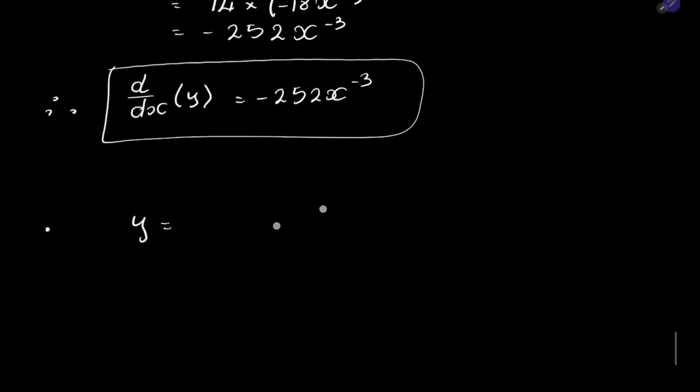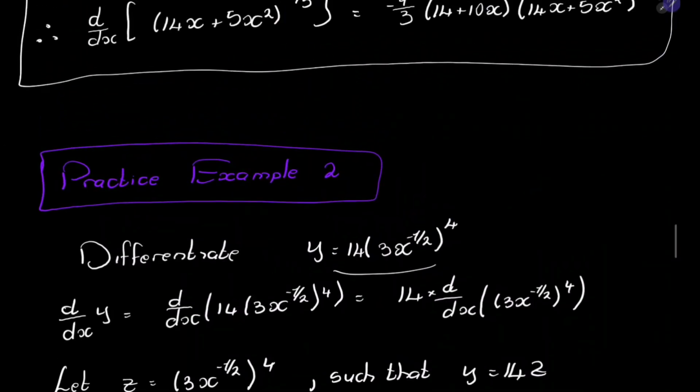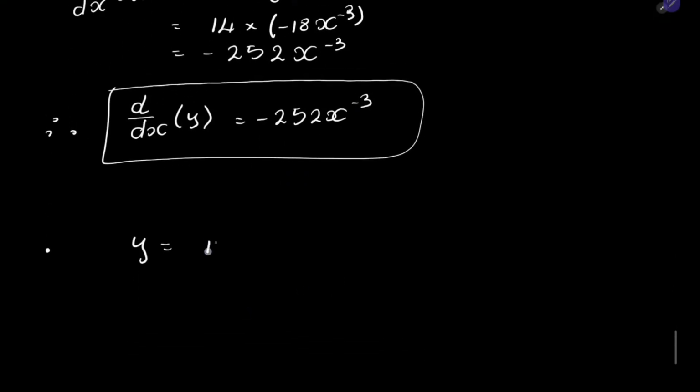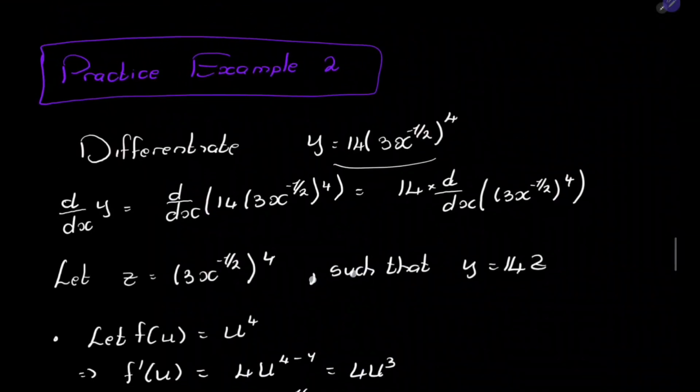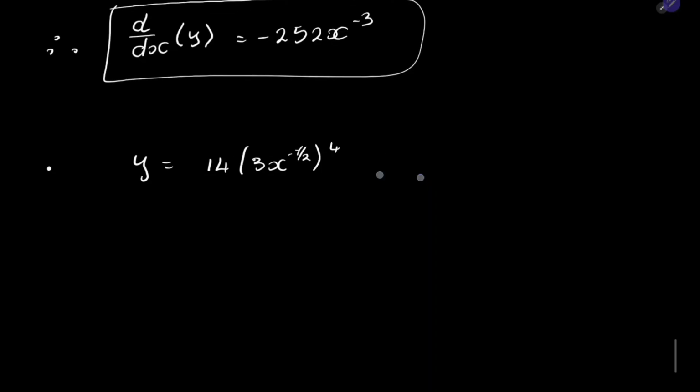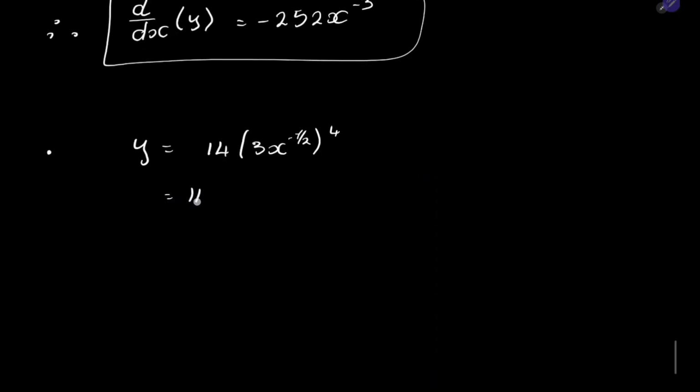Our initial function is y equal to 14 times, in brackets, 3x to the negative half, all to the power 4. We can simplify that directly.